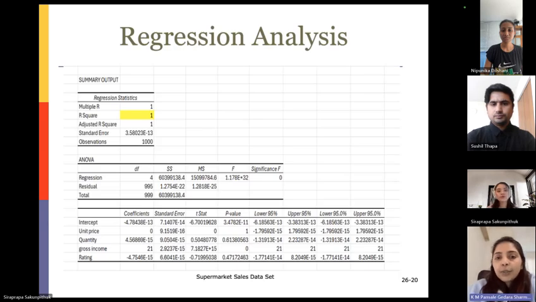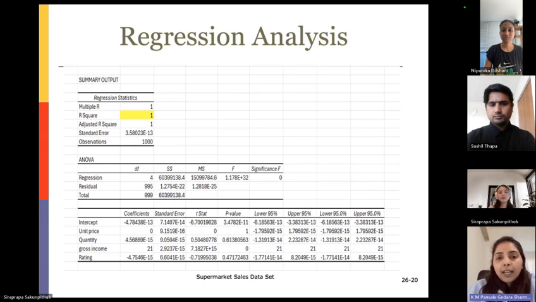This slide shows the regression analysis. Let's see how we can run the regression analysis. First of all, we have to copy the necessary columns from the main Excel spreadsheet into a new sheet. Here we choose our dependent variable as total cost and our independent variables as unit price, quantity, gross income, and rating.